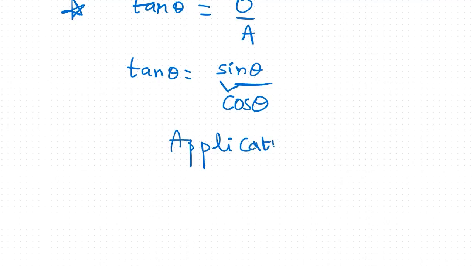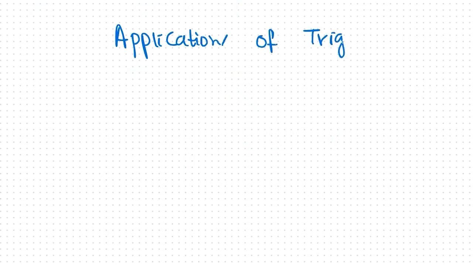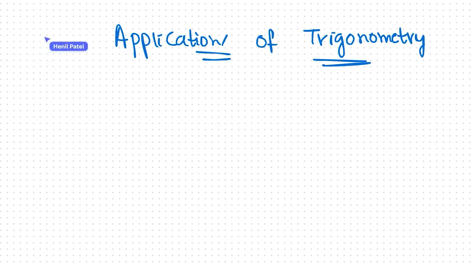So, applications of trigonometry. Okay, the pen is a bit lagging, one second. Applications of trigonometry. Let's say there are two people standing on different buildings.